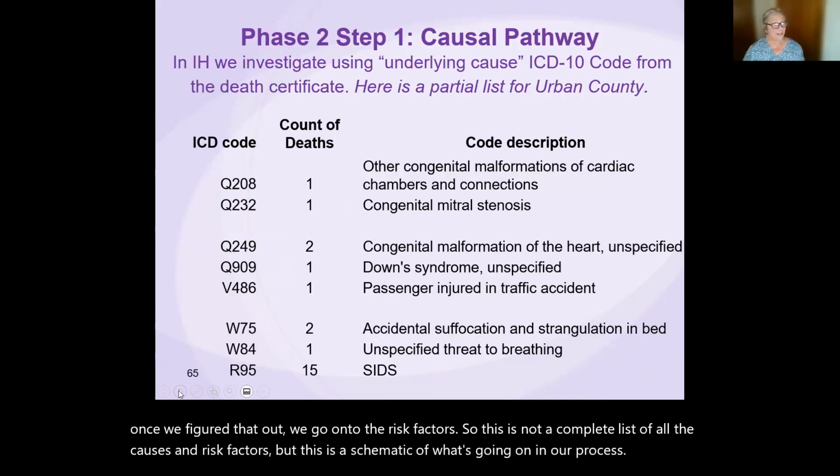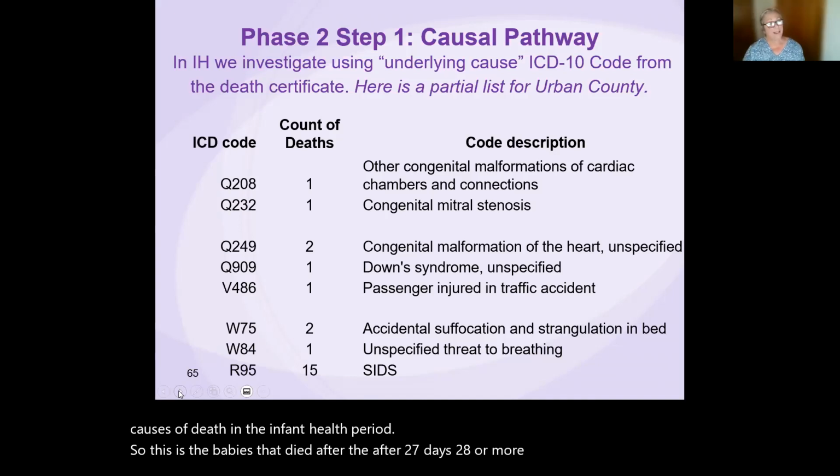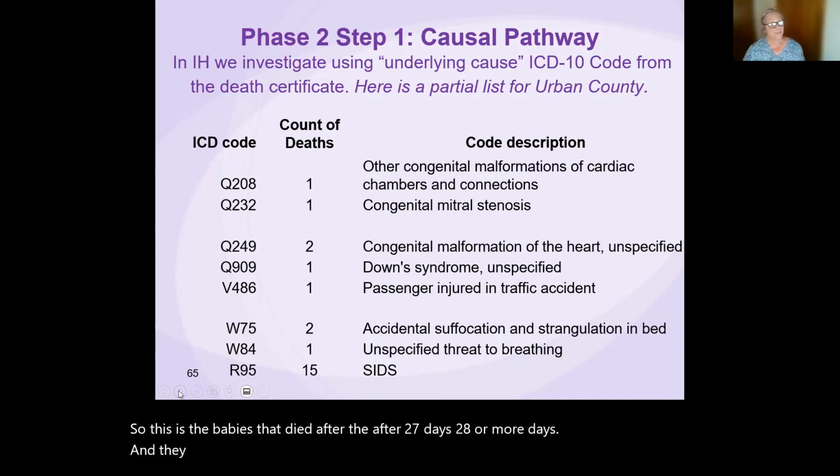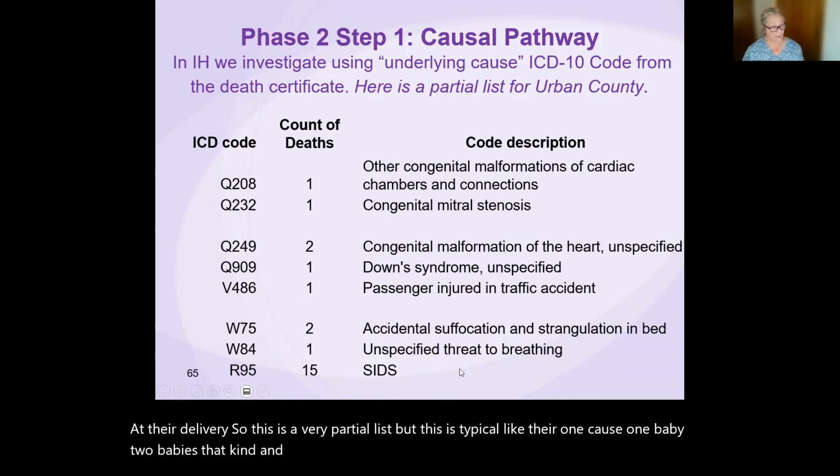The first step is the causal pathway, the cause. And to do this, this is a frequency table for the causes of death in the infant health period. So this is the babies that died after 27 days, 28 or more days, and they weighed 1,500 grams or more at their delivery. So this is a very partial list, but this is typical: one cause, one baby, two babies, that kind of thing, and then you'll see SIDS with a whole bunch of babies.